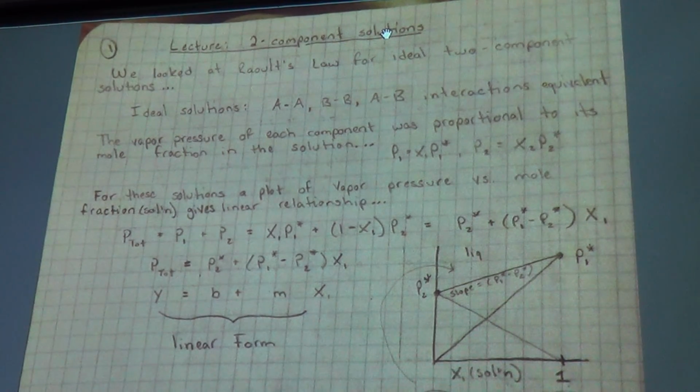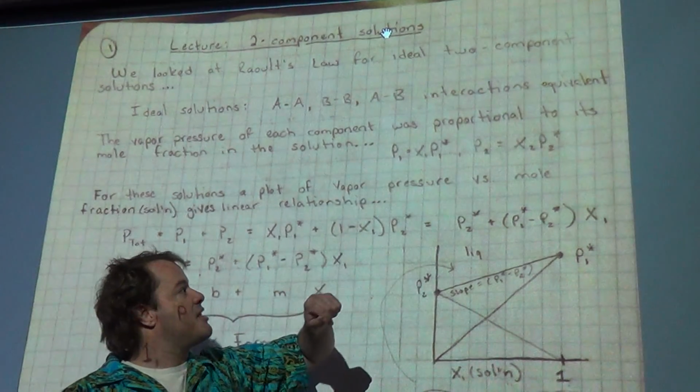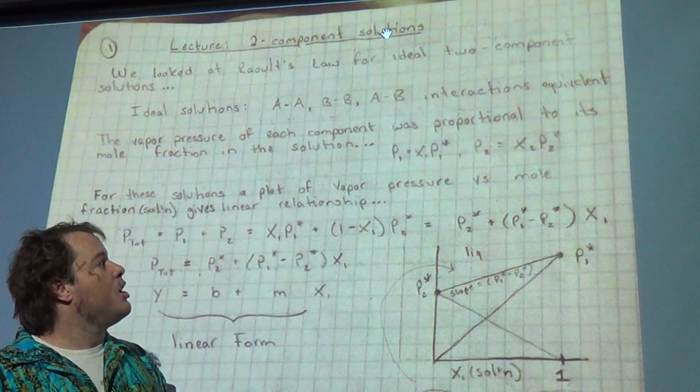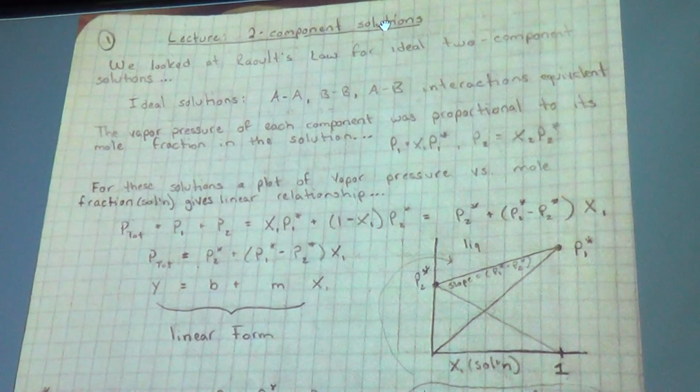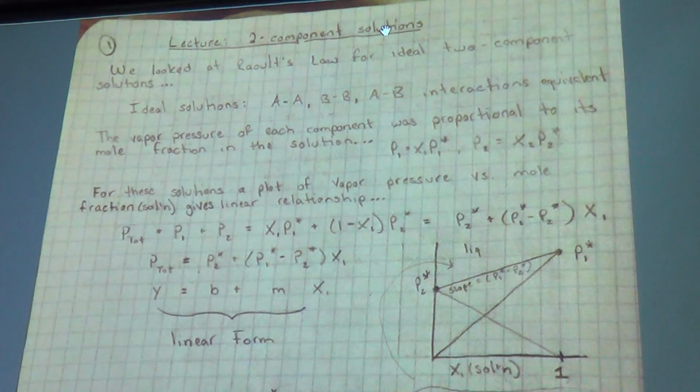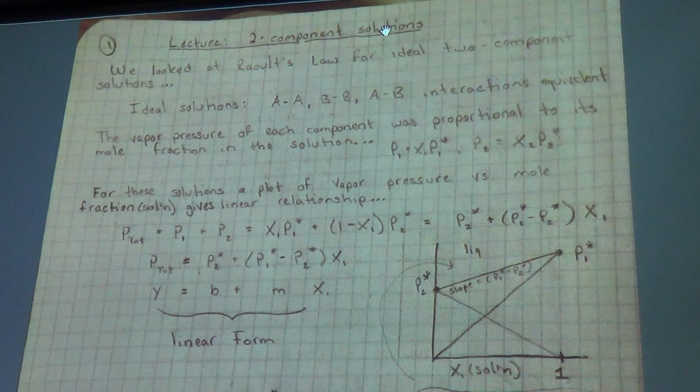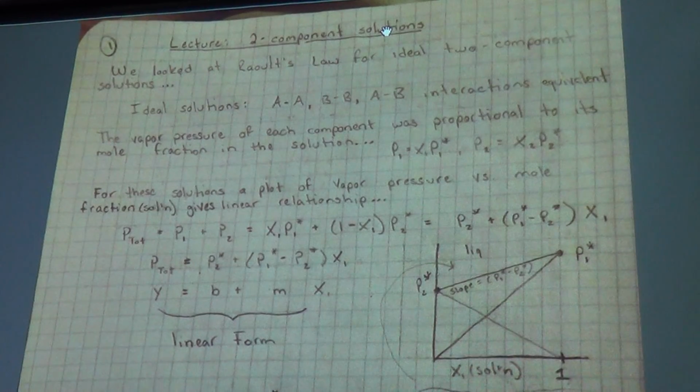So if we have a solution composed of A molecules and B molecules, and the relative forces between these molecules are the same, then they'll obey Raoult's law, where the pressures of the gases in the gas phase, P1 and P2, will be proportional to their mole fraction and the pressure that they exert when they're in a pure liquid by themselves. So we're looking at the pressure above a liquid surface, and for these ideal systems, Raoult's law is followed.